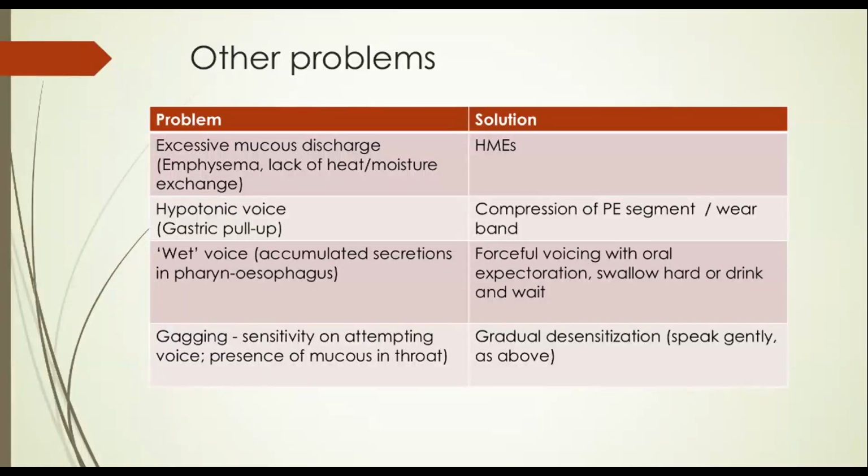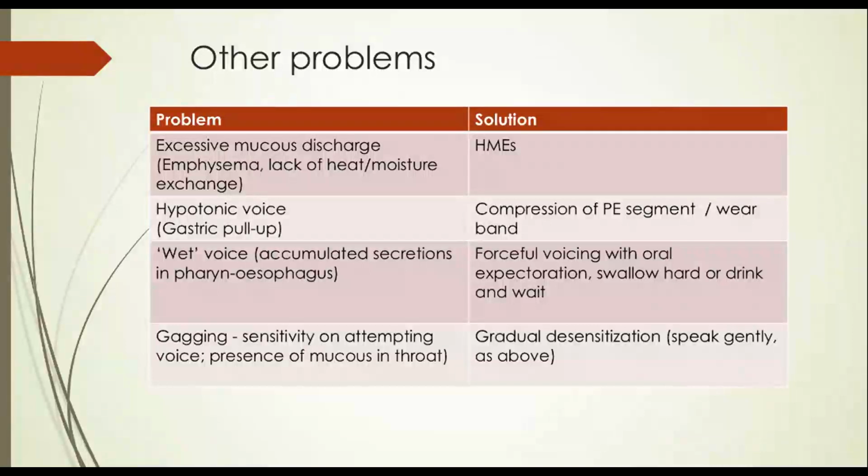If you notice a wet voice, that's usually because of accumulation in the throat, the saliva, liquids, or food that they've had to eat or drink, and you want them to clear that. So we get them to do a forceful voicing to clear it out.